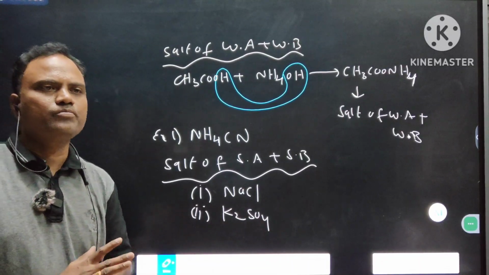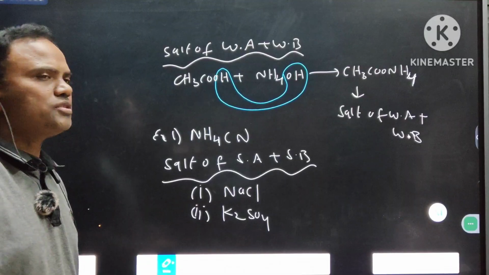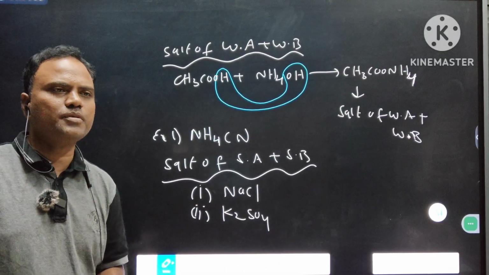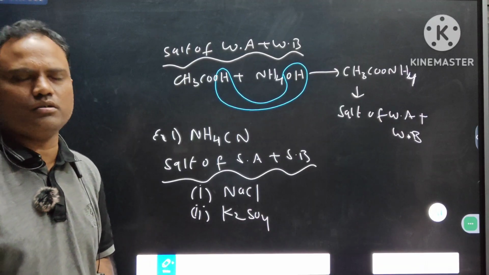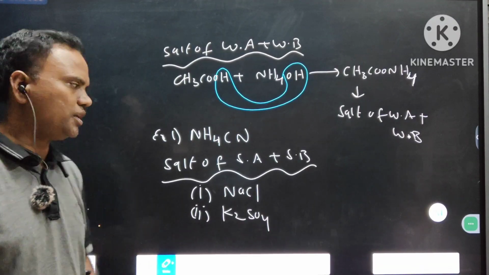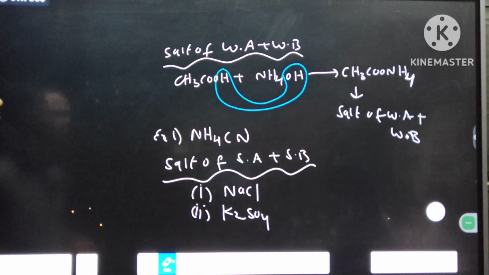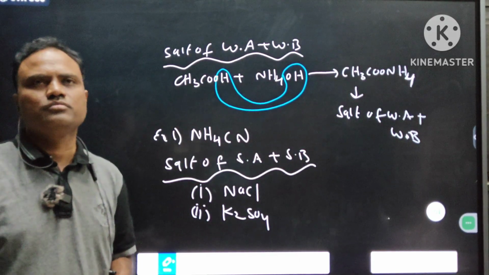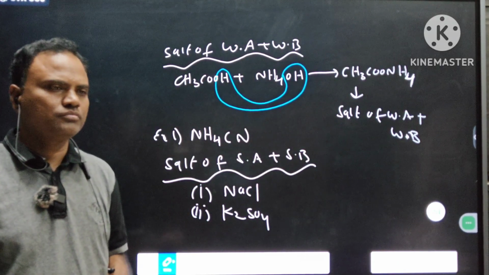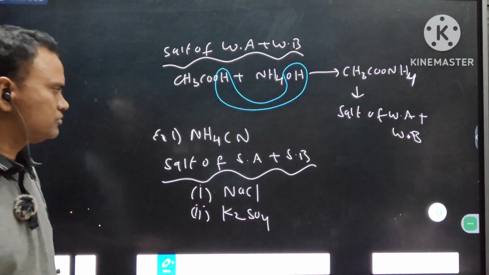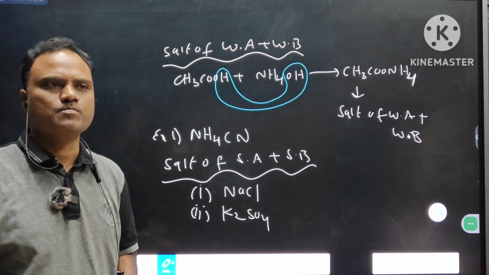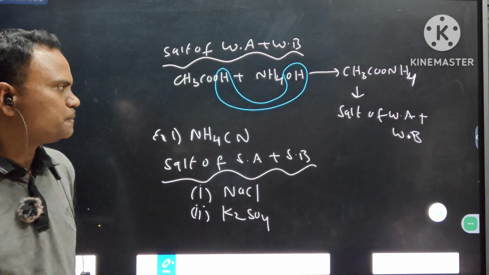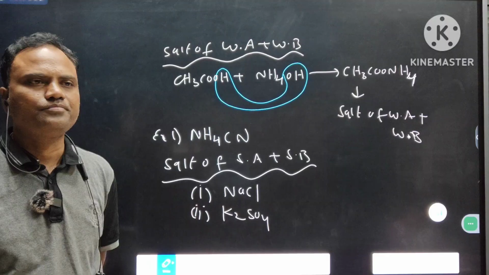Now let us start. First one, hydrolysis of salt of weak acid plus strong base or strong acid plus weak base, vice versa. And let us derive the formula for the numerical. Very, very, very important. See, all of you, keep reading the first one.